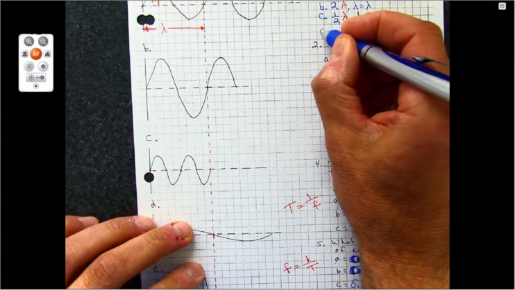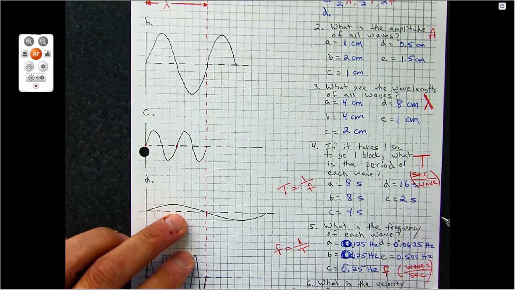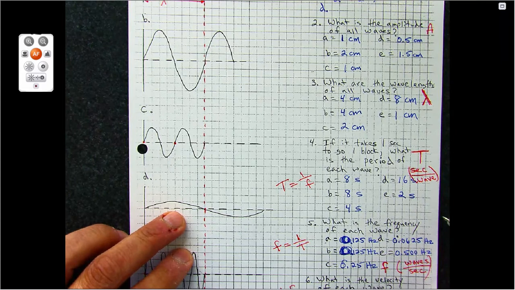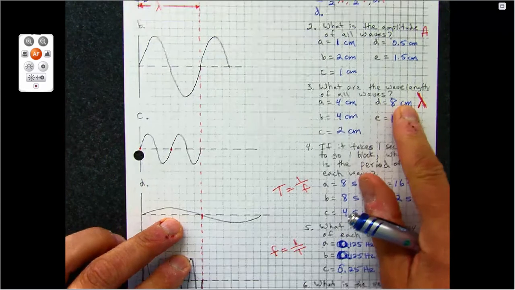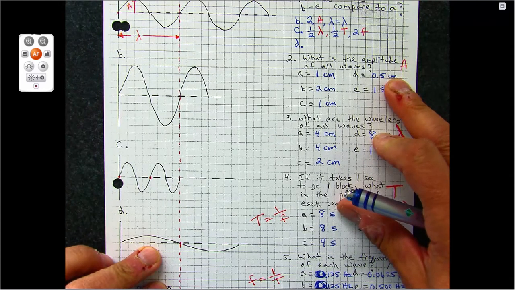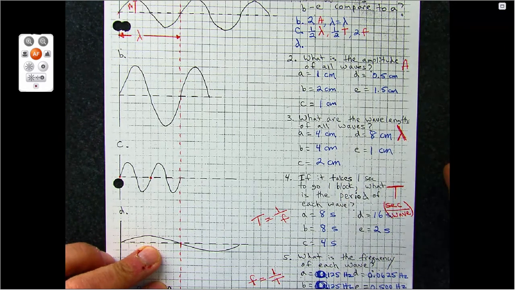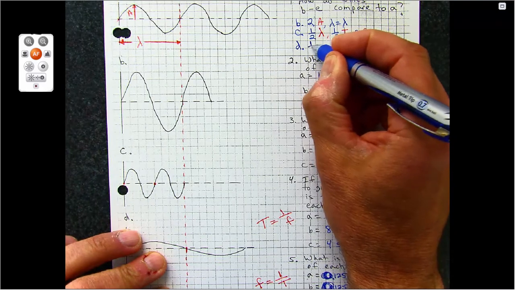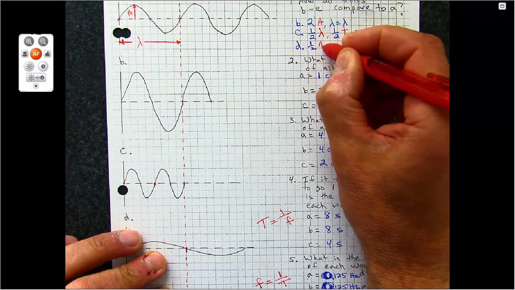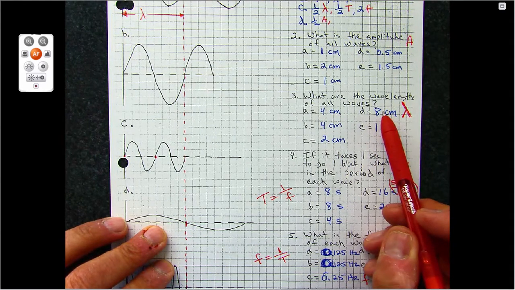Now, what do we got for D? For D, we have half the amplitude, right? We have 1/2 the amplitude. Then we have double the wavelength.